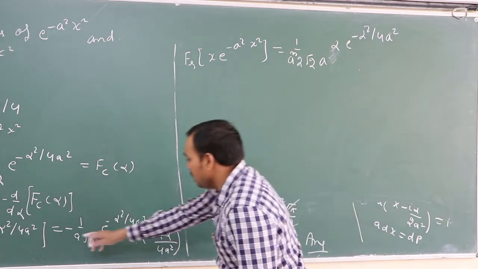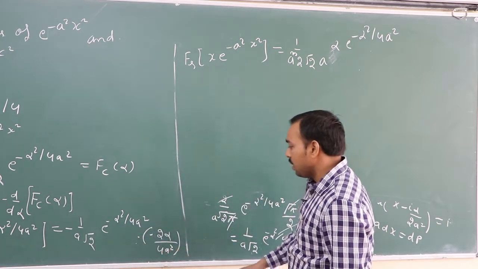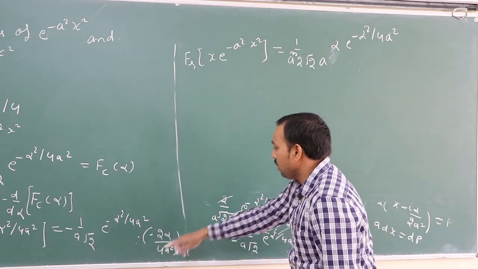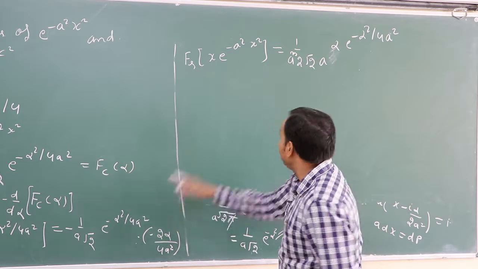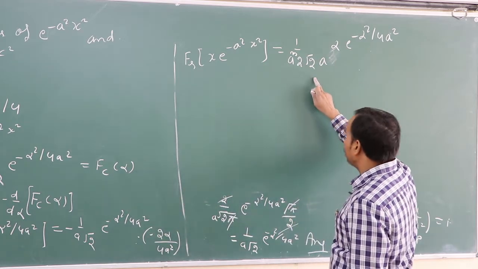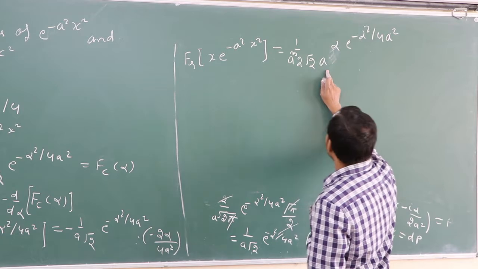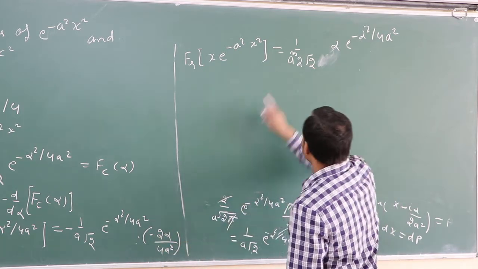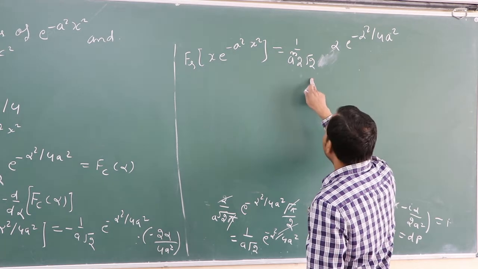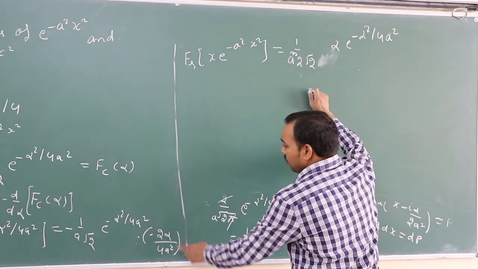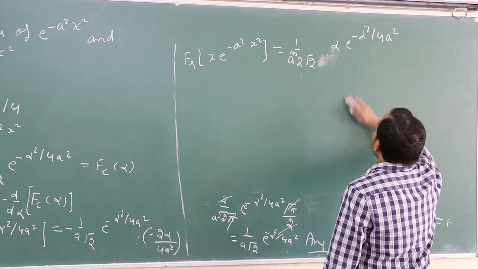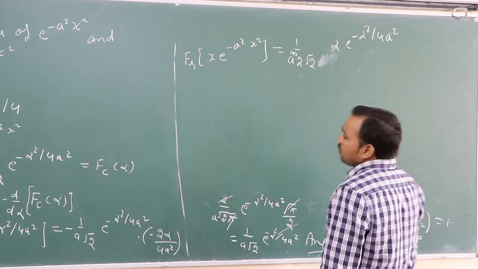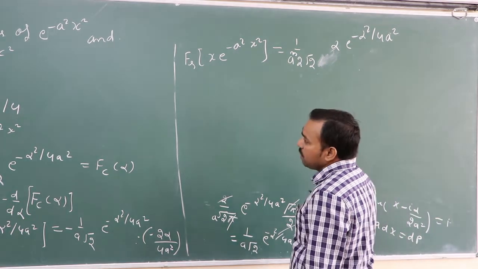Here minus and minus give plus, so 1 upon a square times a gives a cube: 1 upon 2 under root 2 a cube, alpha e to the power minus alpha square upon 4a square.